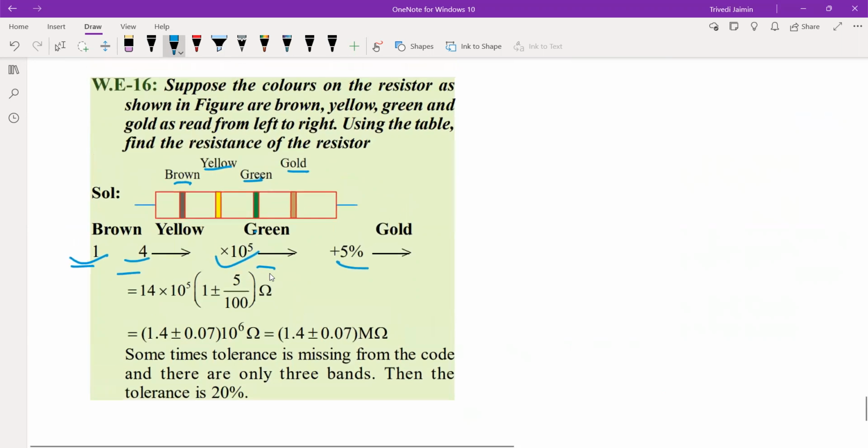Understood this one? Easy? Guys? Hello people? Knock knock. Are you there? Chat box.